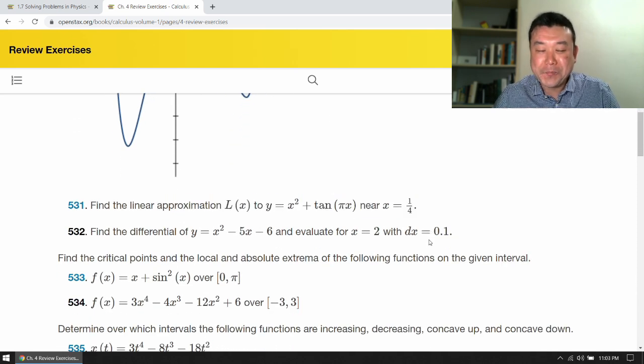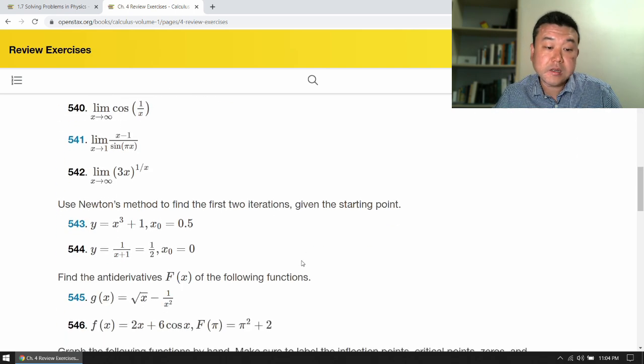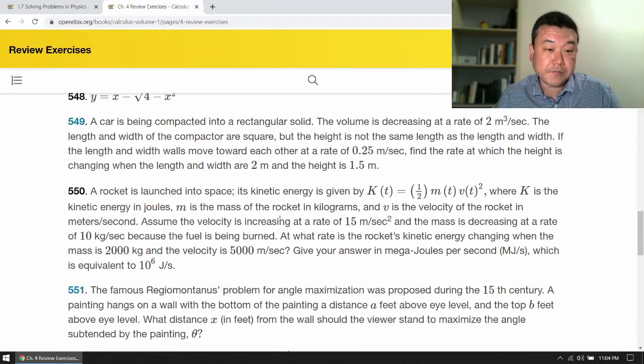Without saying that those are easy, the kind of problems that I want you to see are quite similar in appearance to physics questions. You might remember some questions like this in your math class. There's a question that describes a situation. A car is being compacted, it's a rectangular solid, and its volume is decreasing at some rate, and I guess that's what related rates are.